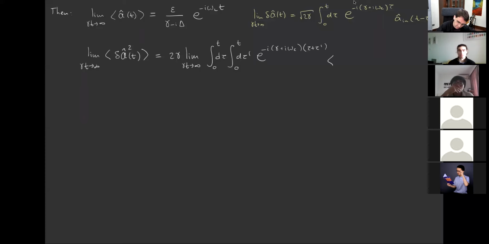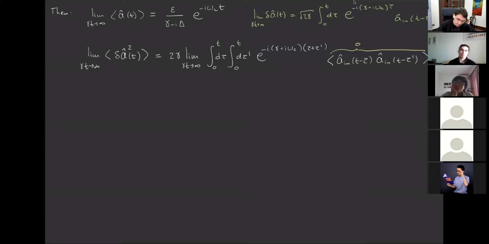And finally, we have the expectation value of just the input operators at time t minus tau and at time t minus tau prime. Okay? Now, because this is 0, the whole thing is 0.